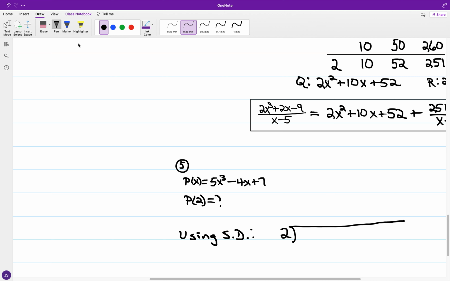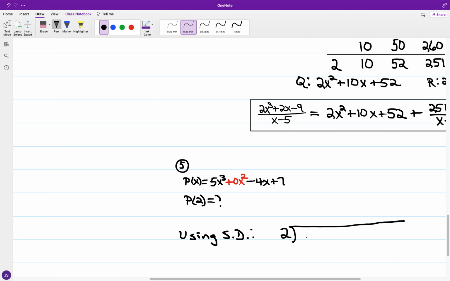To make sure I don't have any missing degree terms, p of x is going to be the dividend, and right now we got 5x cubed minus 4x plus 7. But I'm missing a degree term, a second order expression. So in the rewrite, we have 5x cubed plus 0x squared minus 4x plus 7.